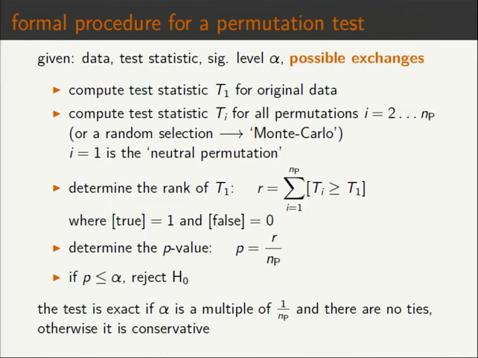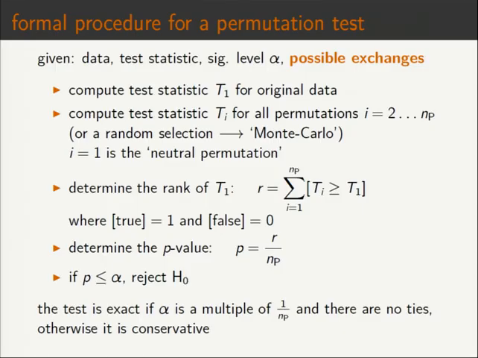If P is smaller than or equal to our predefined alpha level or error level, then we can reject the null hypothesis. Importantly, if you use this way to compute the rank, the sum formula with these brackets, then you can always be sure that you have computed your rank in the appropriate conservative way in the case of ties.